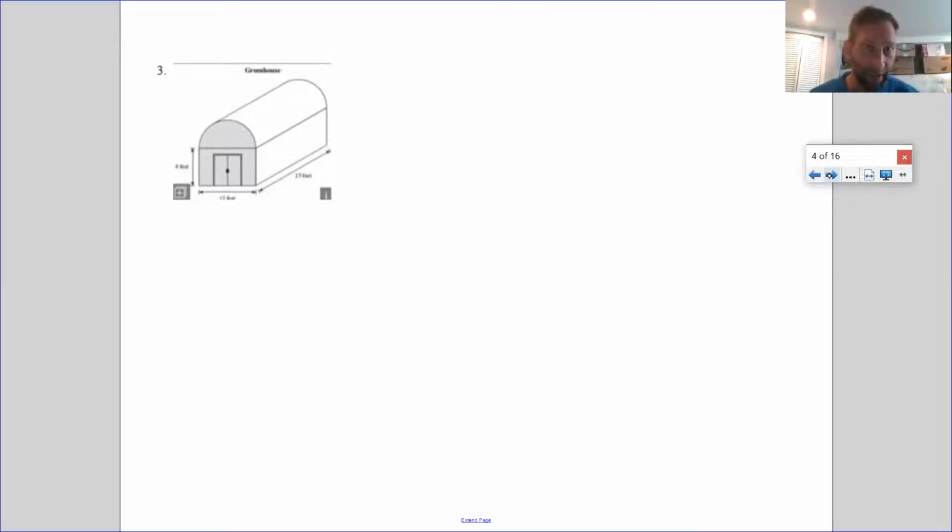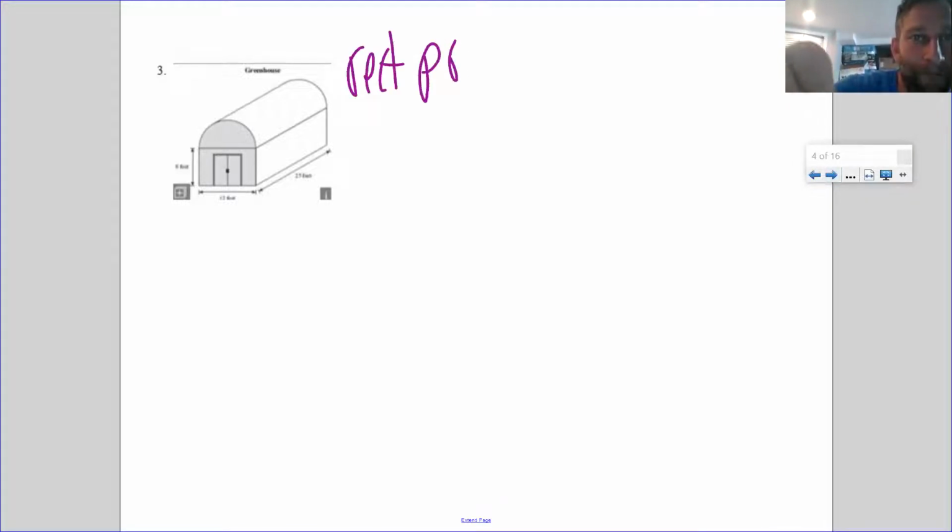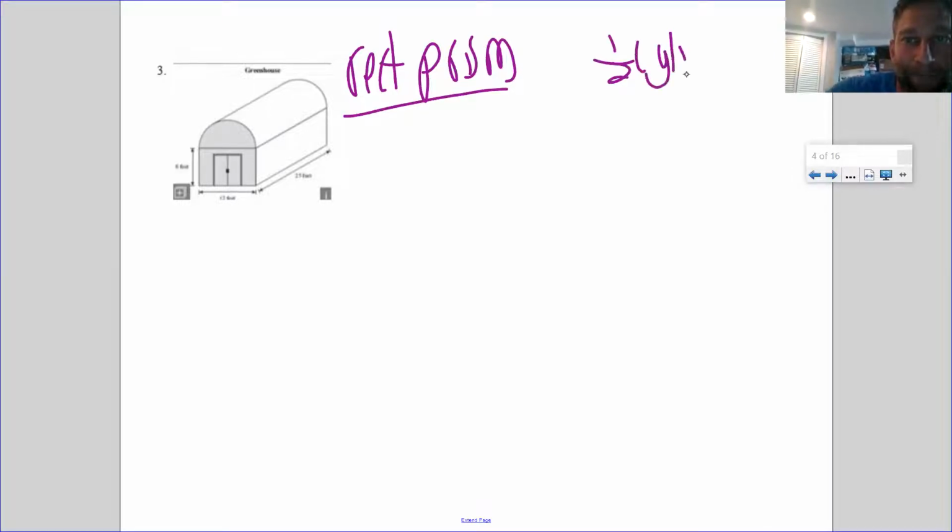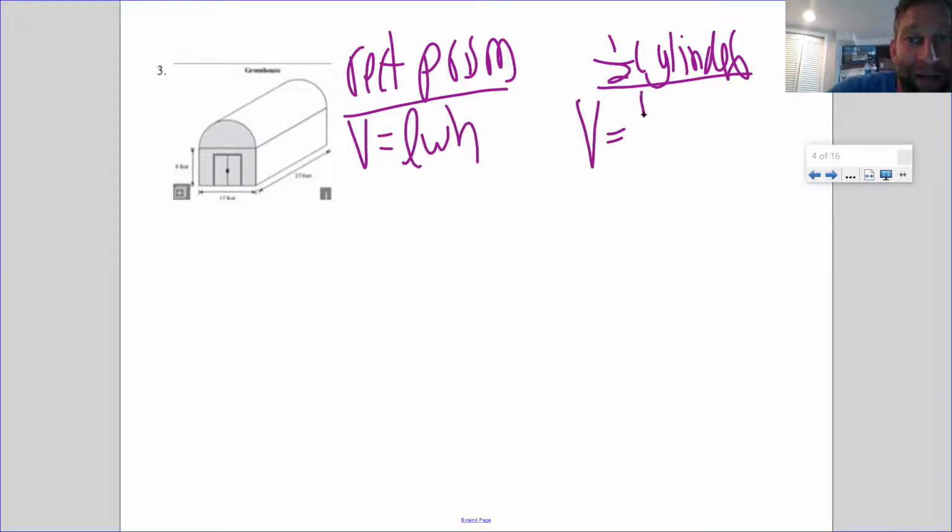It is a rectangular prism on bottom, and then it is a half cylinder on top. So if I go to my reference sheet, rectangular prism is length times width times height. Half cylinder is half of a cylinder, which is pi r squared h. Again, you're not going to see this formula on the reference sheet, because it's half of the cylinder. I just put a half in front.